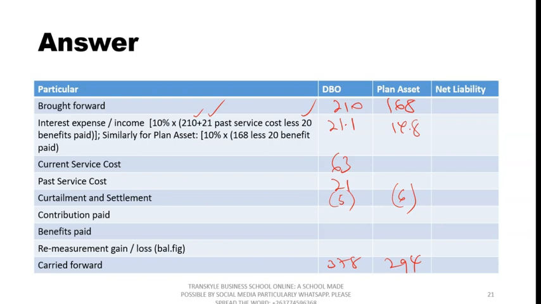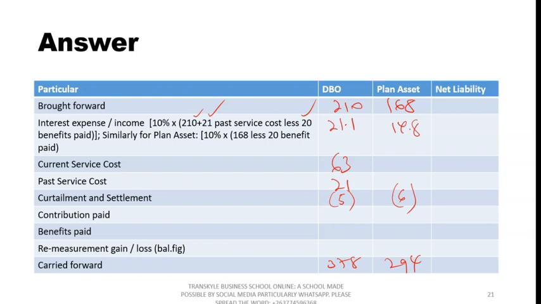So this is why we have put the 5 under the DBO, which is going to reduce the defined benefit obligation. However, when there is settlement, then the plan assets are going to be affected.